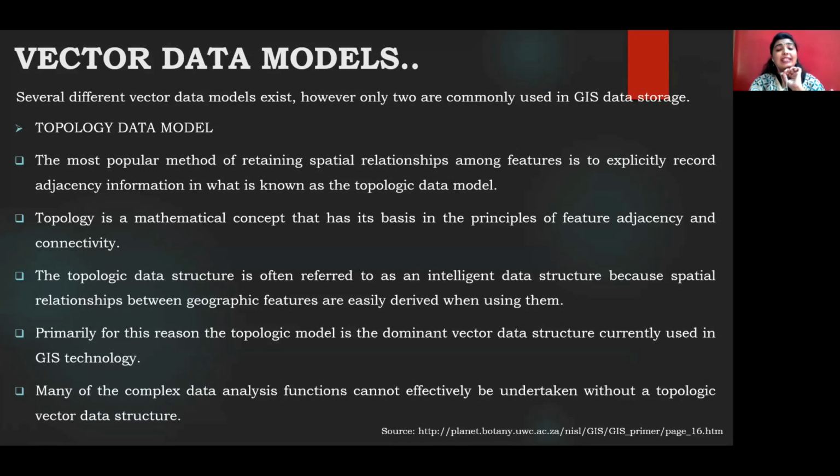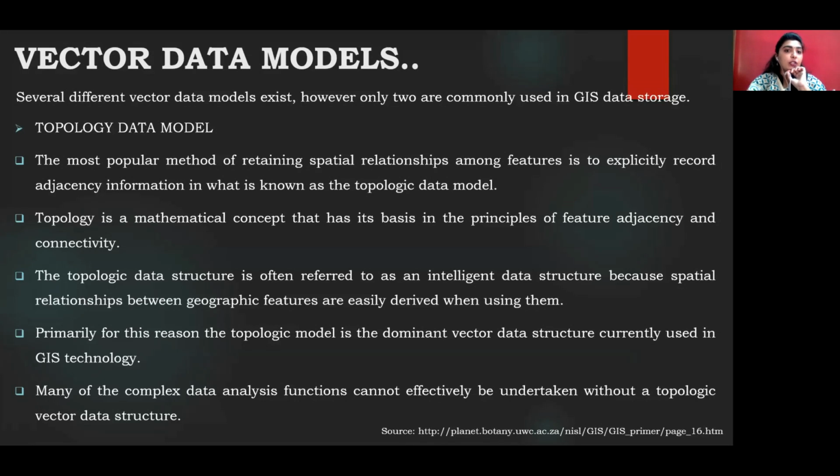The vector data models that we have, there are several different types, but the most common forms of the vector data models are two. One is the topological data model.